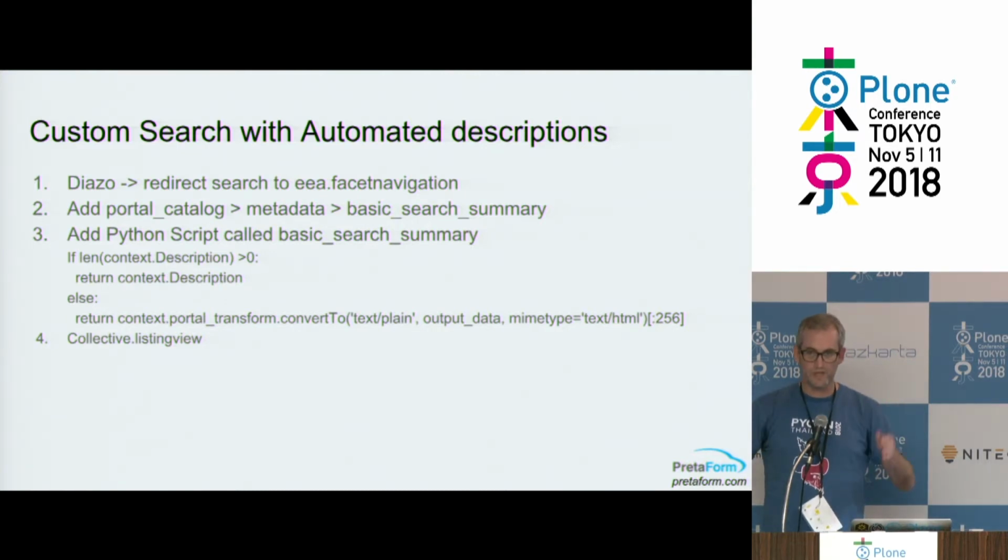Listing view works with things like faceted navigation and content filter, and basically can create views for either content or listings, like folder listings or collections. It creates first-class things that you can choose in the display menu, like a folder summary.